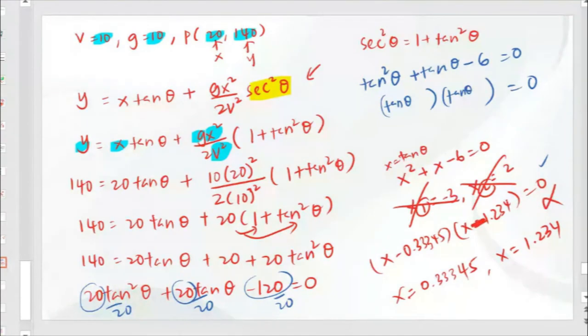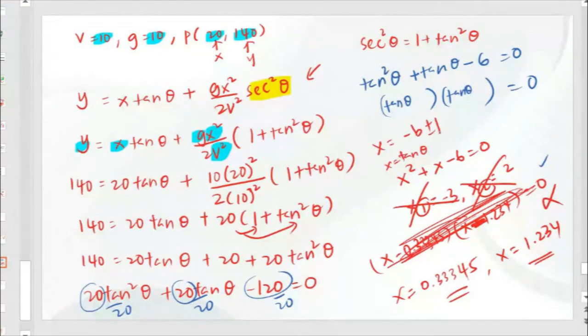No. For this type of question, if your answer is in decimal form, you cannot change it into fractions, right? If the decimal cannot change into fraction, it means that you cannot use the factorization. You have to use the formula x equal to minus b plus minus square root of b square minus 4ac over 2a. Use this formula. If the question is y, then you use y. If the unknown is m, then you use m. That depends on the question. Okay?